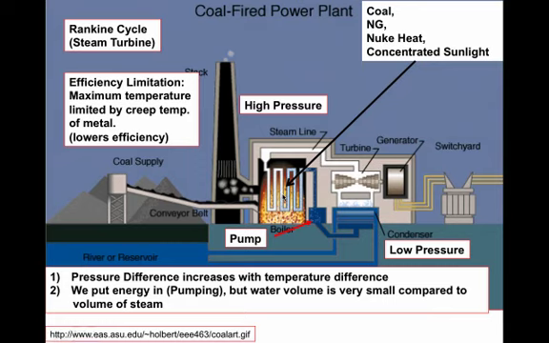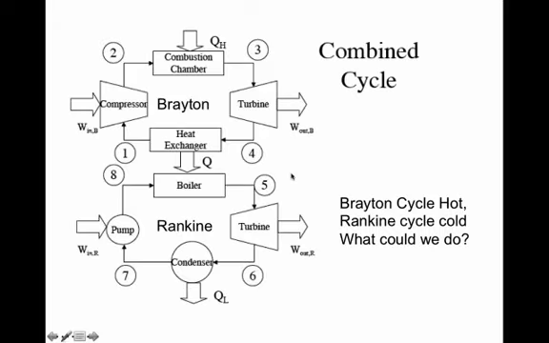So the upper temperature that we can keep here is the limitation to our efficiency. So the problem is the Brayton cycle runs too hot and we lose heat, and the Rankine cycle can't get very hot. So what could we do between these two to make more efficiency?